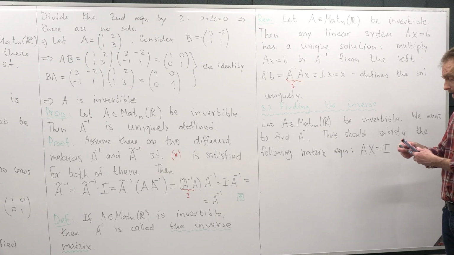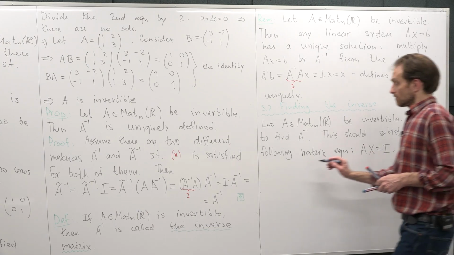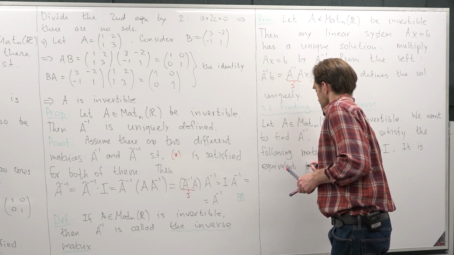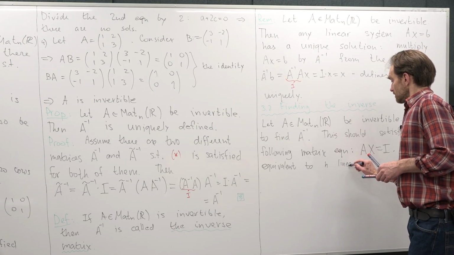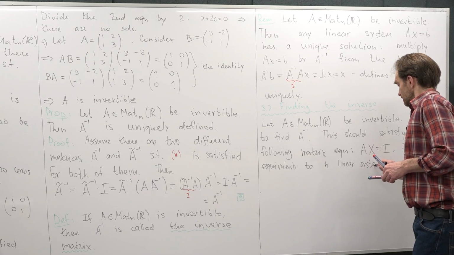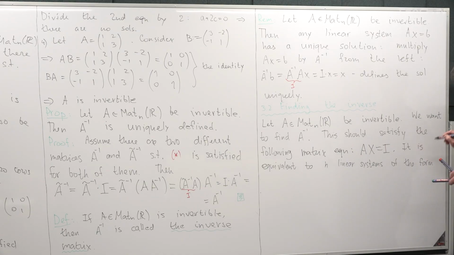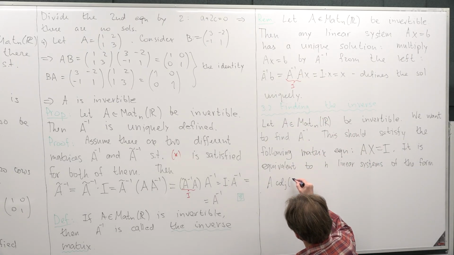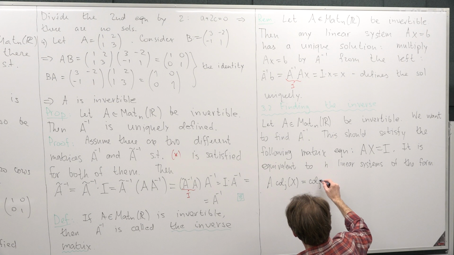So it is equivalent to n linear systems of the form A multiplied by the jth column of the unknown matrix equals the jth column of the identity matrix.